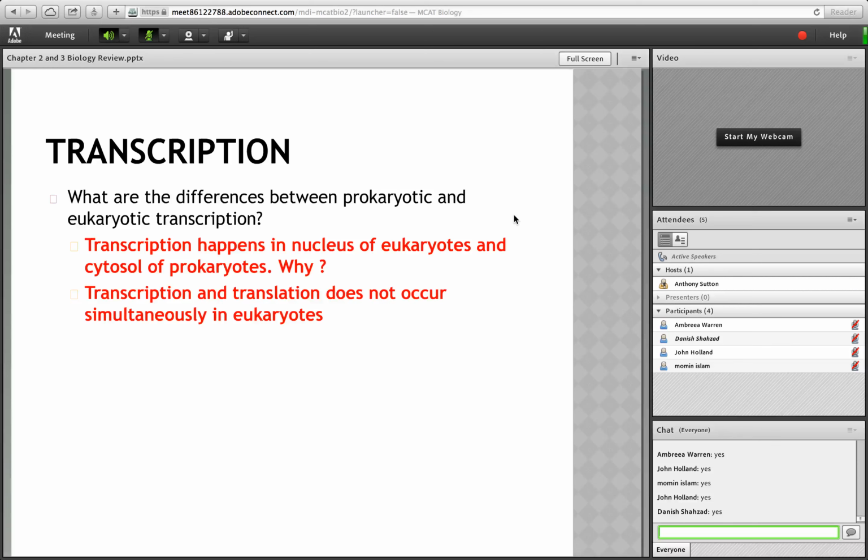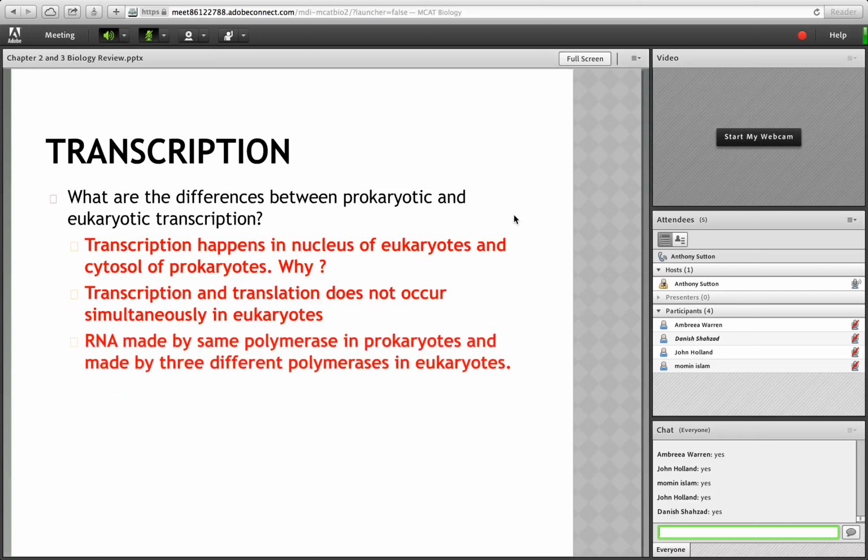The other part to that is RNA made by the same polymerase in prokaryotes. In prokaryotes, you have the same RNA polymerase doing what it needs to do in transcription to make the mRNA. Remember, mRNA is when you go from DNA to messenger RNA.